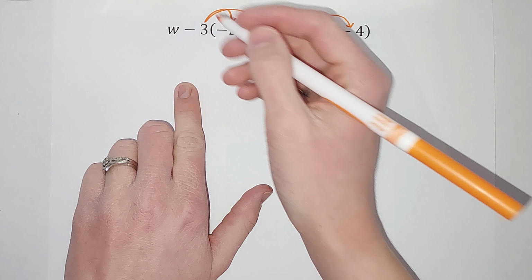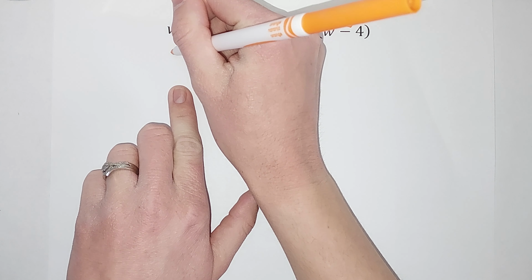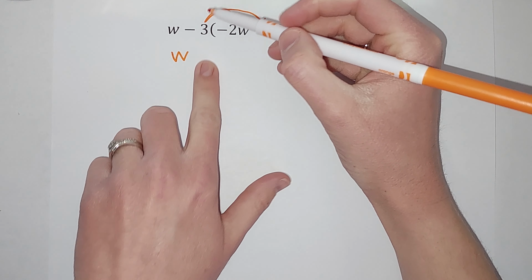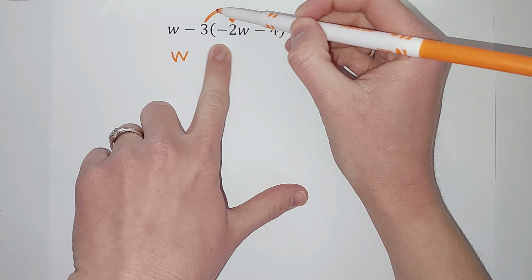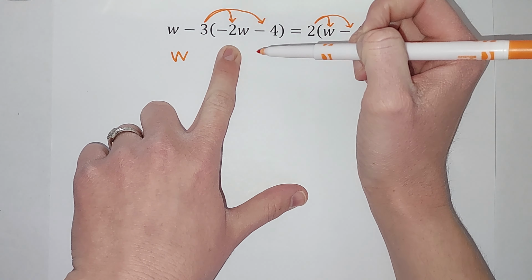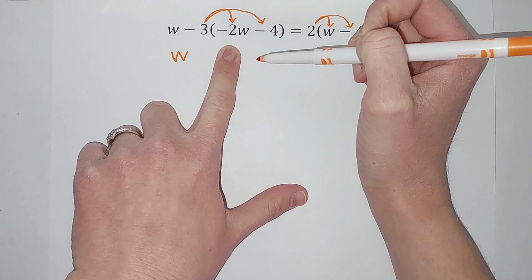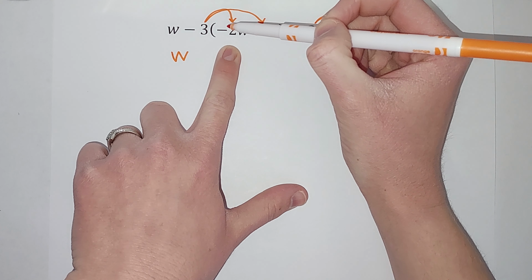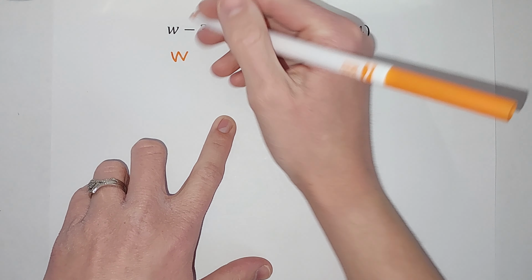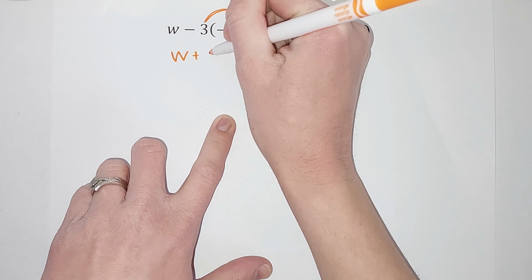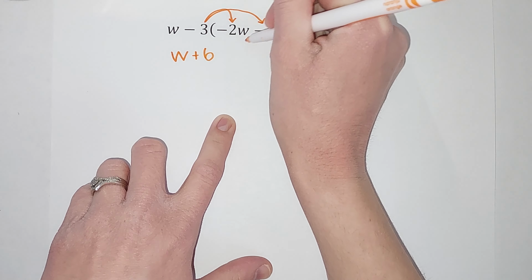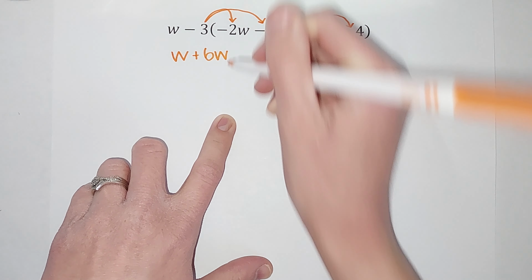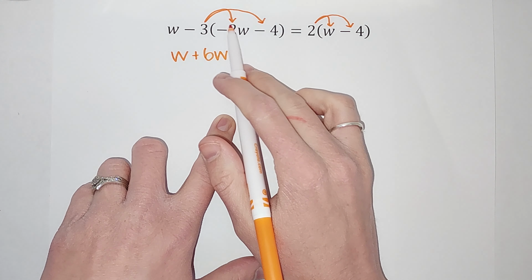So when I do that, I'm gonna still have this W here, W. Now, this is a -3 being multiplied to the -2W, okay? So I've got a negative times a negative, which will make it positive, okay? 3 times 2 gives me 6, and we still have the W. Okay, so that's the first one.